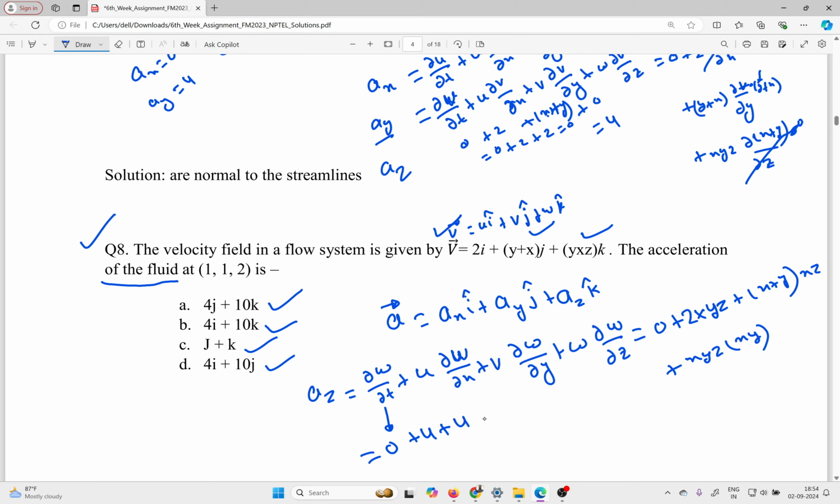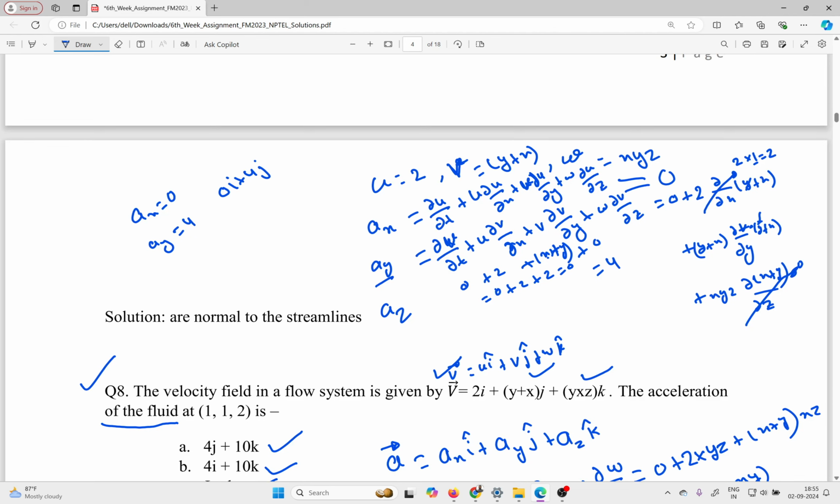Plus here x, y and z, it will be 2 times x y of 1, 1, so it will be 2. So it is coming 10. So here you can see az is coming 10, so you can write 10k.